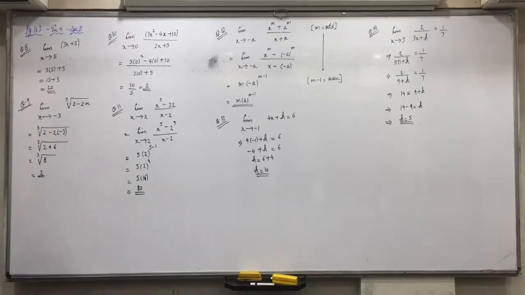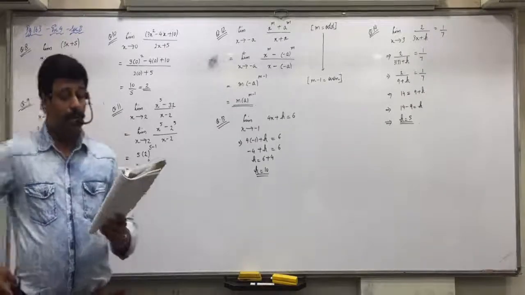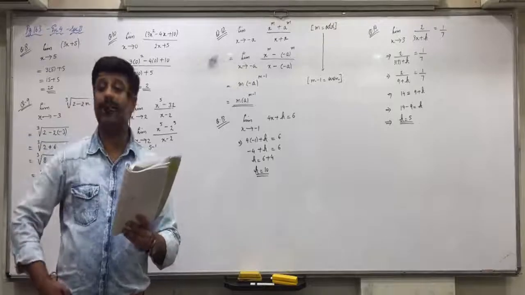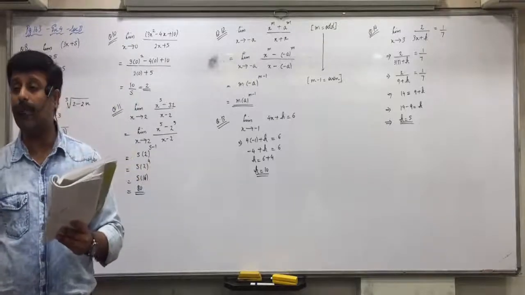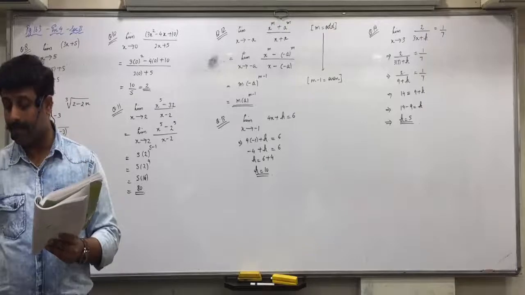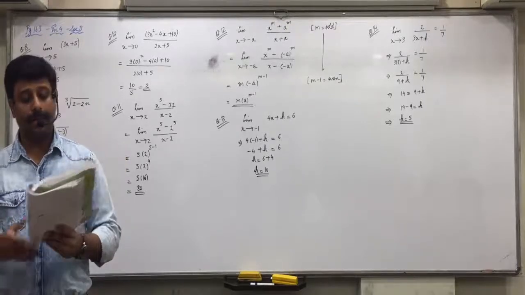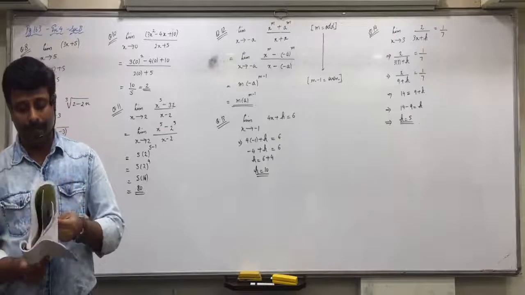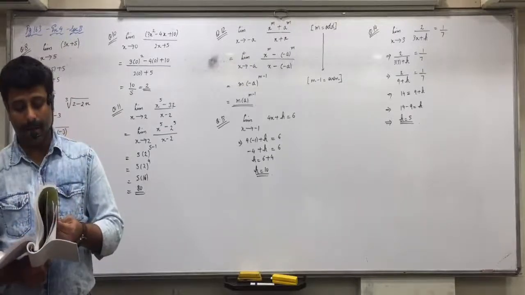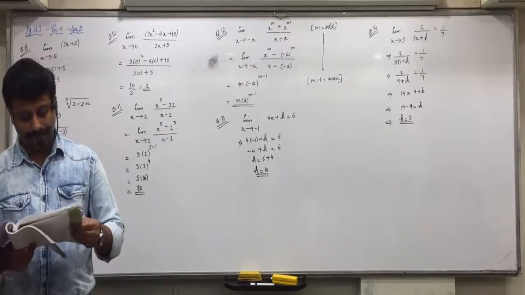First one is called working rule of addition or subtraction. Second is called working rule of multiplication. Third is called working rule of division.